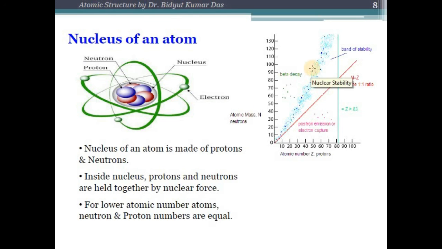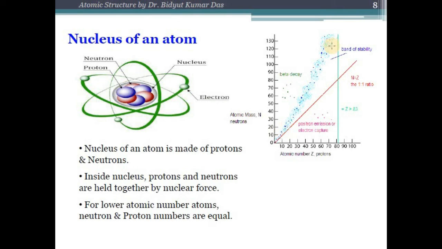That means for higher atomic number atoms, if the number of protons and the number of neutrons remain equal, then those atoms are not stable. They will be very unstable atoms, and to make them stable, the number of neutrons has to be increased.